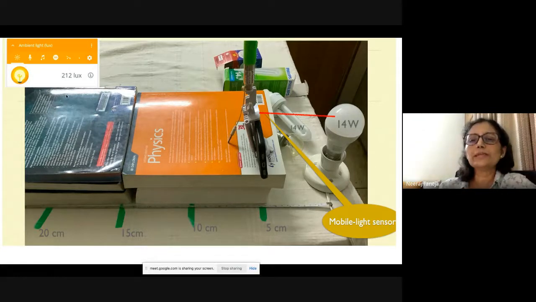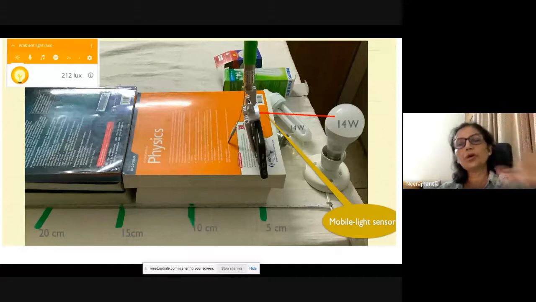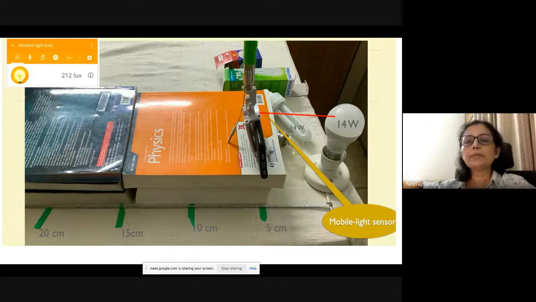So using this light sensor, I performed a simple experiment. There is an LED bulb that I took, which is 14 watt. And this is just a way of holding the phone in place using a selfie stick. And the light sensor, this camera, is kept at such a height that it is just opposite the center of the bulb.